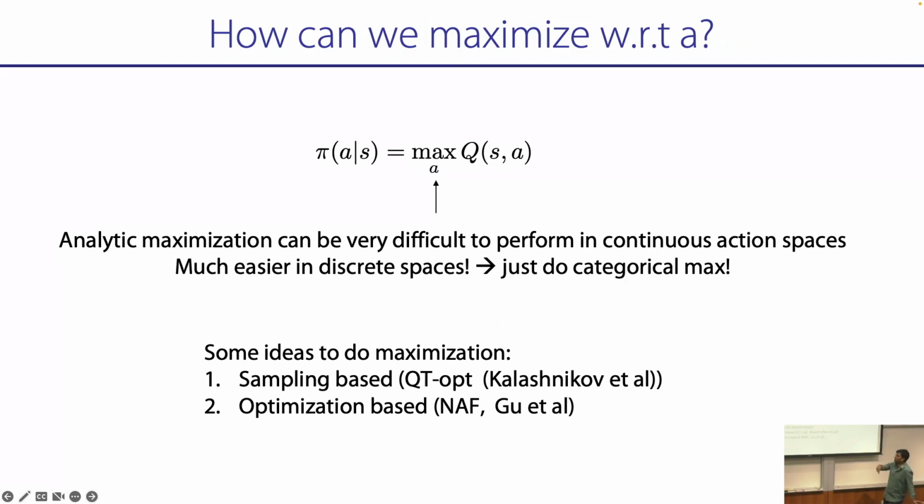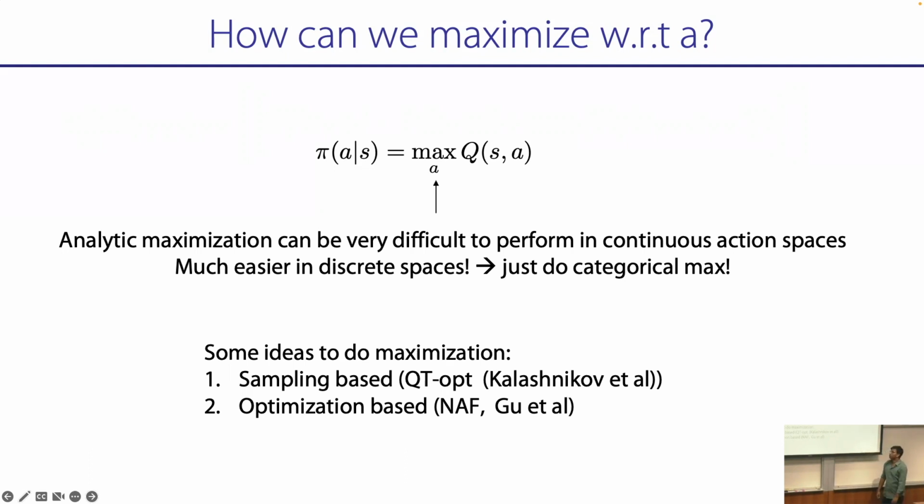So in a discrete space, you almost always use Q-learning rather than actor critic, but in continuous spaces, you still use actor critic. But if you were to do Q-learning in continuous spaces, one idea is to just sample a bunch of A's, like just sample 1,000 A's and pick the max. It's biased and you need a lot of A's, but it works well in practice, as I'll show next.